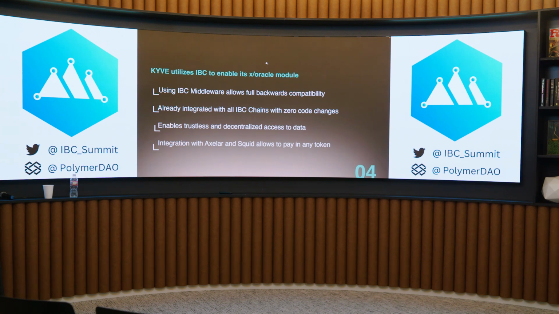access to the data. So let's say you're building an application on a chain, you're building your own app chain that has high data needs. Store the data with KYVE and then access it from the chain via IBC. And the cool thing is, thanks to Accelerate Squid, it allows the user to pay any token they want as long as the token, of course, is traded on Osmosis.